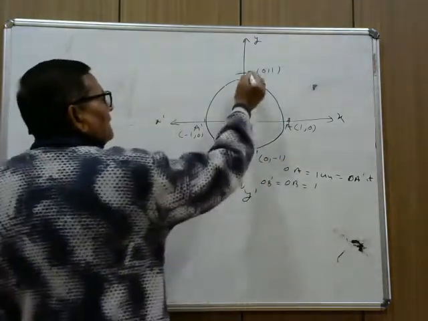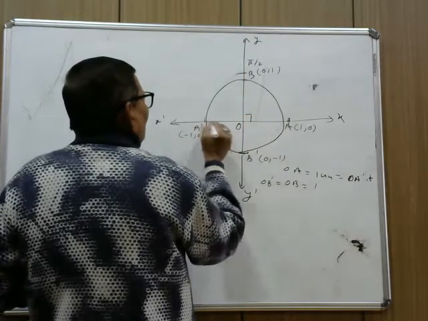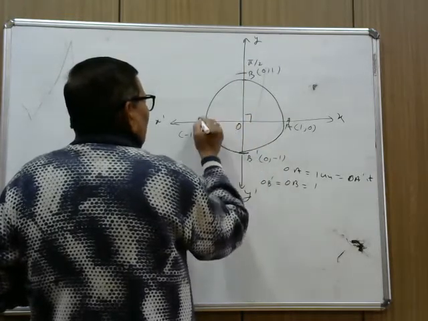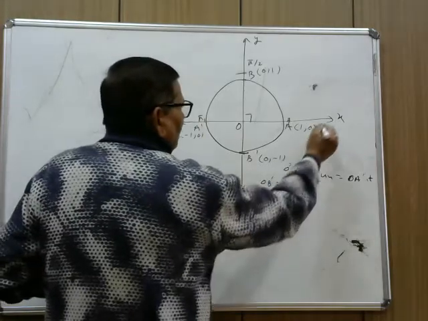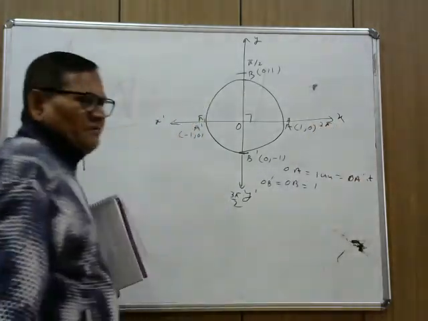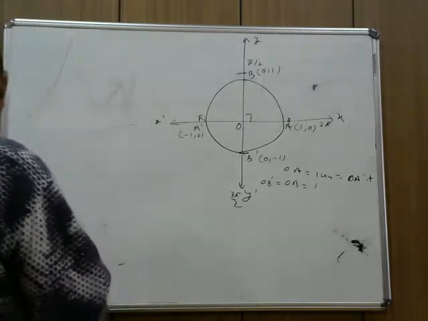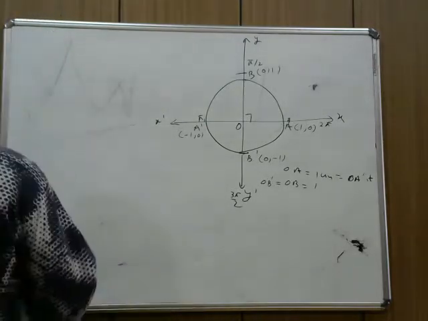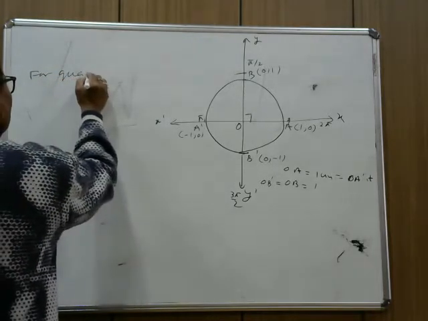So here the angle described is pi by 2, your total angle here is pi, and here 3 pi by 2, and here 2 pi. So in this way, by using this concept, you can write for quadrant angles.